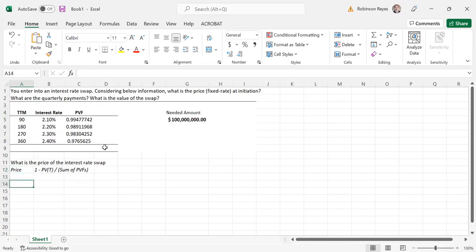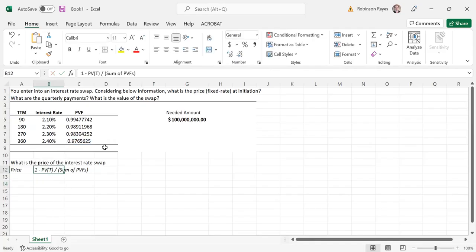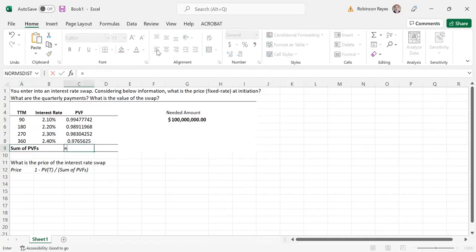So if we use our formula, it's very simple. It's just 1 minus the last present value factor, and then we divide this by the summation of all present value factors. So let's do the summation here, and add them all up.